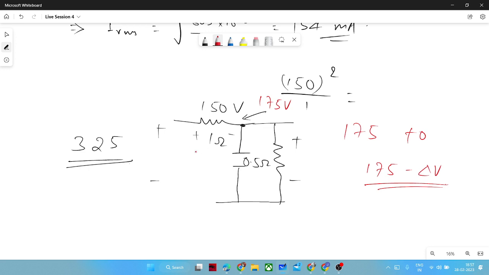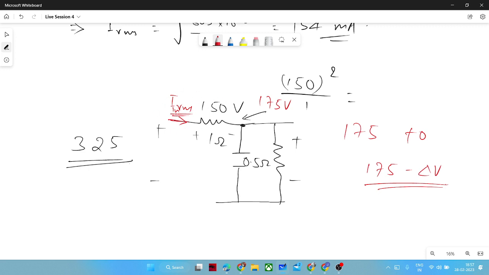Let us assume your power factor is unity. Whatever current you have here, the I RMS drop would also be in phase with this current.